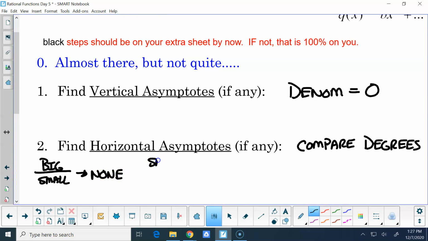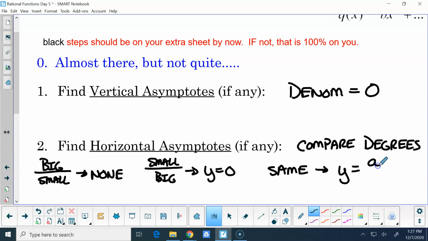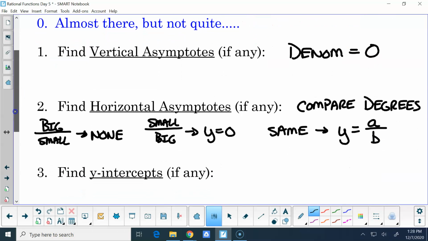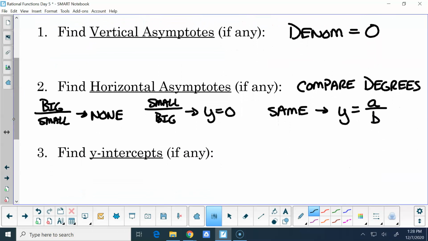If we've got small over big, that's a y equals 0 case. And if we are the same, that's a y equals a over b case, which we just had. Okay. Love it.